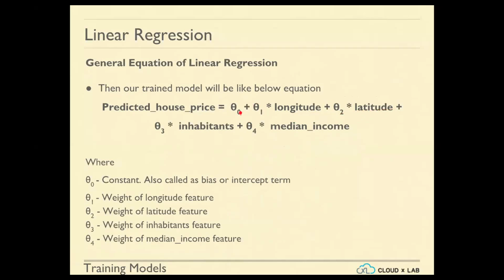So we are saying let's find out these values which would give us the best prediction. The objective is to find these thetas, which will give us the best predicted house price. That's the sole idea about machine learning, or you can say linear regression.